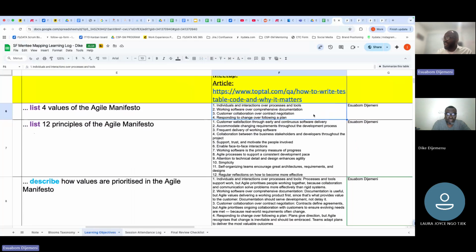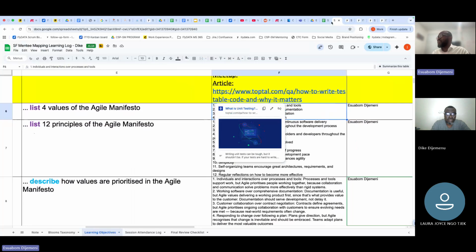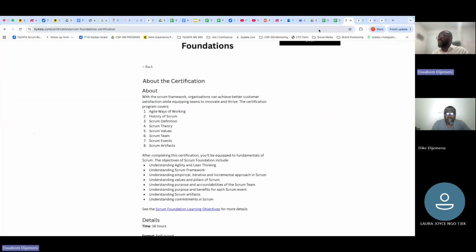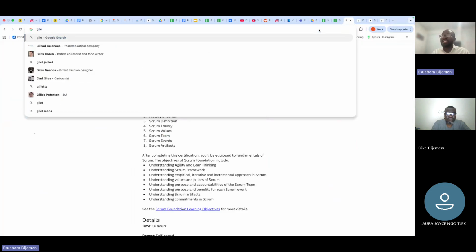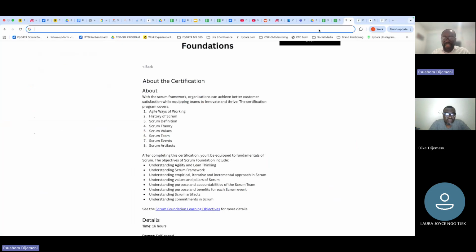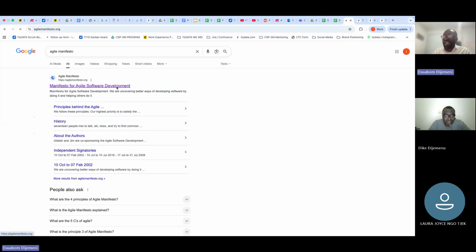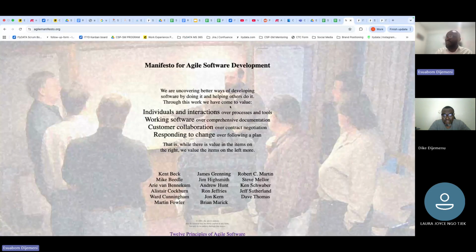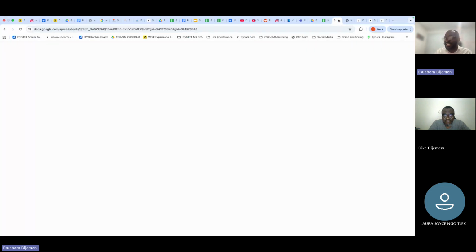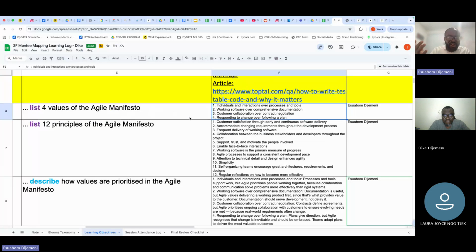Okay, because that's one I wanted to point out. Given I'm sharing my screen, it's important we get all these things right. Let me show it again. This is where these values come from. And to be fair, this is just a list, so this is a low level learning objective.